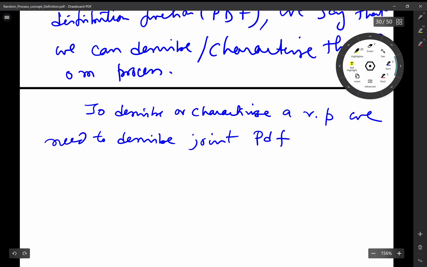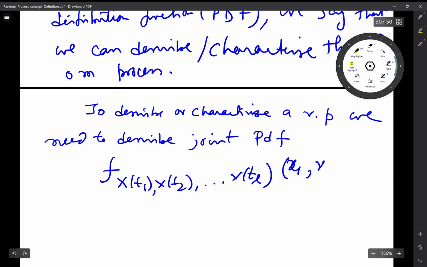What is that? Joint PDF. What is this? It is f of x(t1), x(t2), ..., x(tL) of x1, x2, ..., xL.